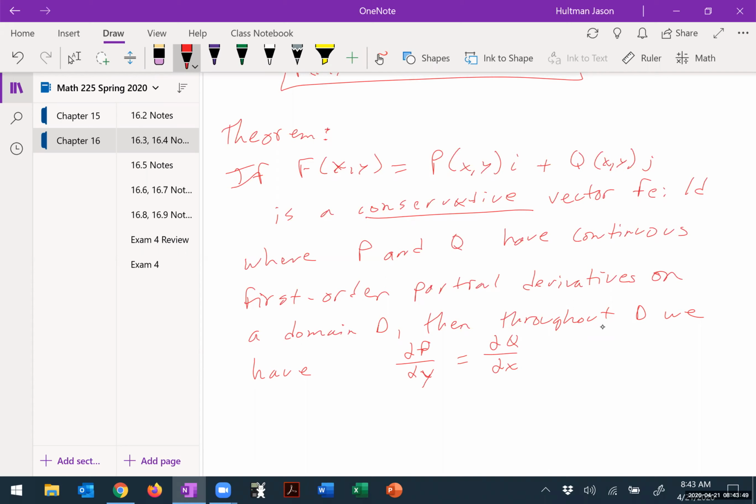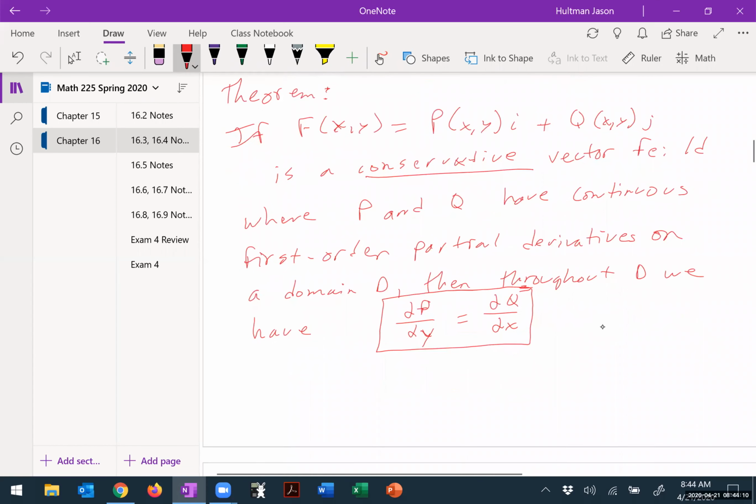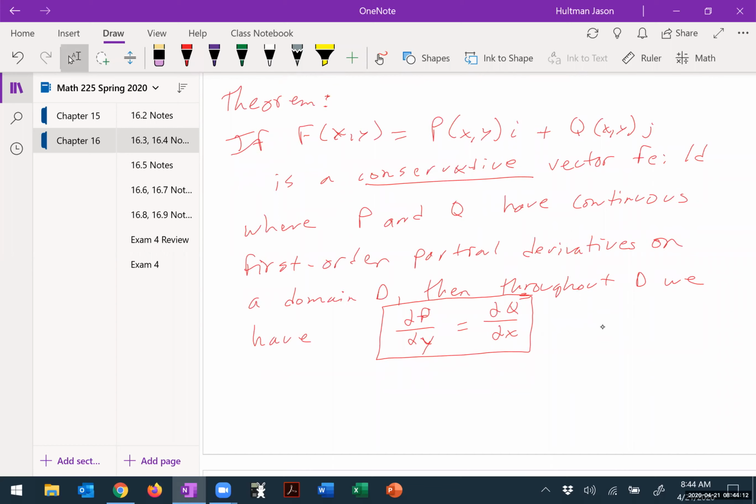So very important theorem. It says that if it's conservative, then dP/dy equals dQ/dx. And we've seen this before.